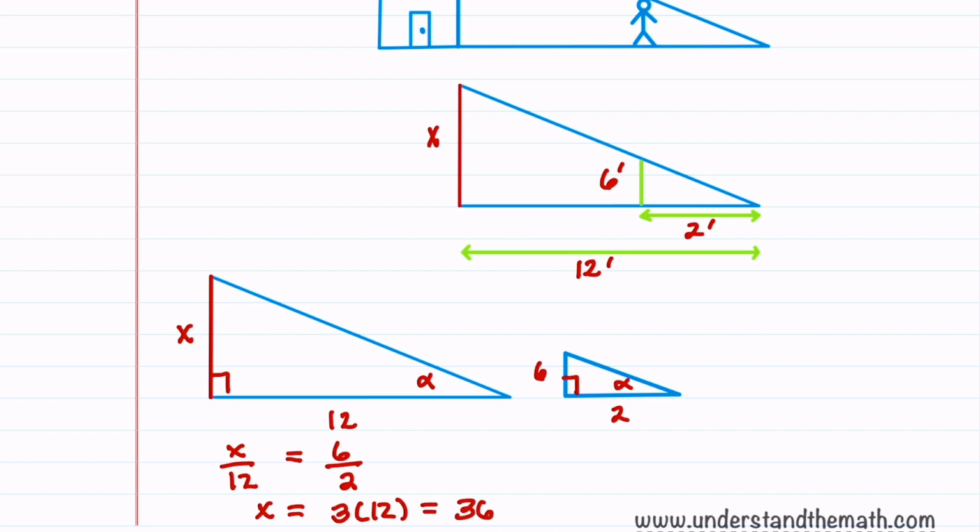And let's include units on this. This is 36 feet. And let's go ahead and box that. So by using similar triangles, we were able to determine that the height of the building was 36 feet.